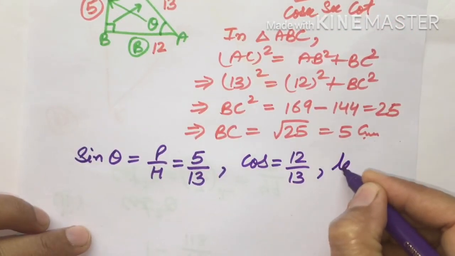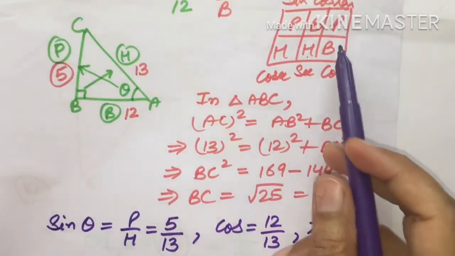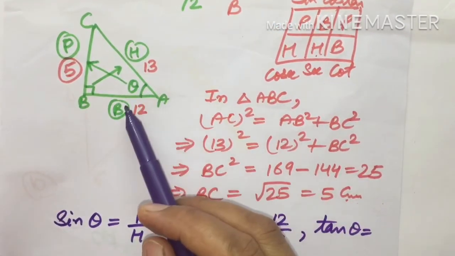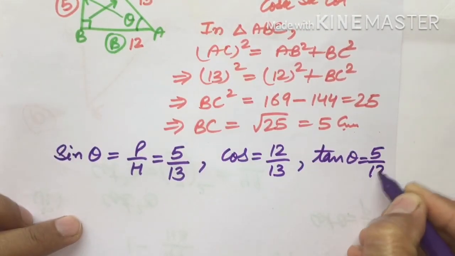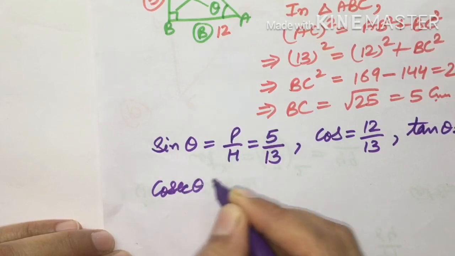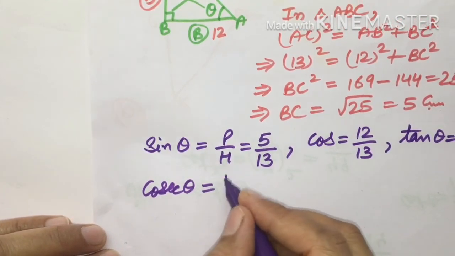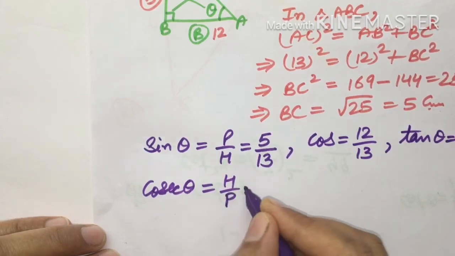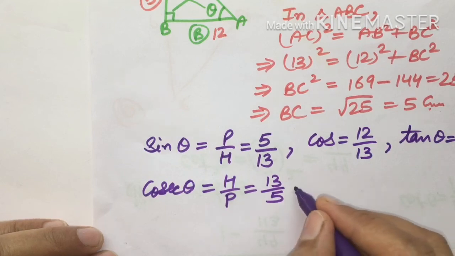After cos, tangent. So tangent theta is perpendicular upon base, so perpendicular is 5 and base is 12, so 5 upon 12. And after that cosecant theta. Cosecant is reverse of sine, reciprocal of that, means hypotenuse upon perpendicular, so it will be 13 upon 5.